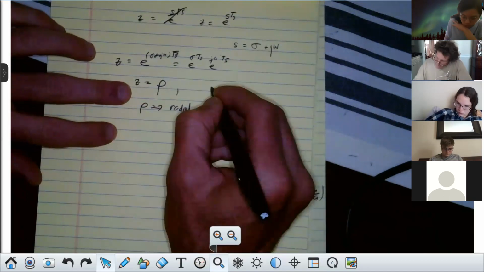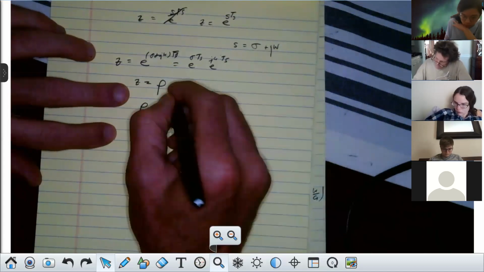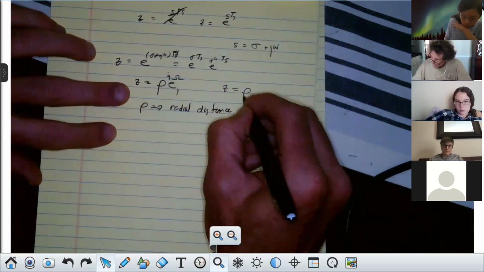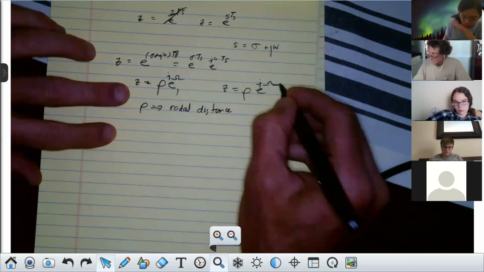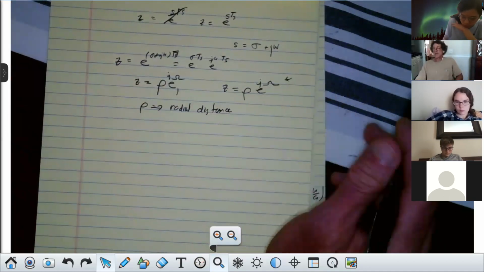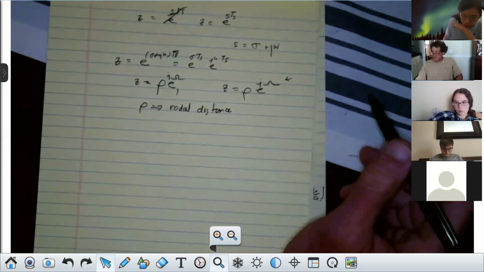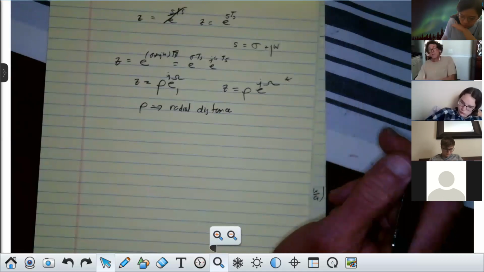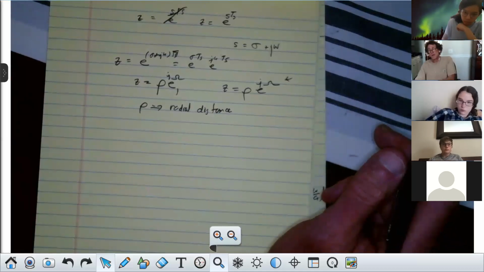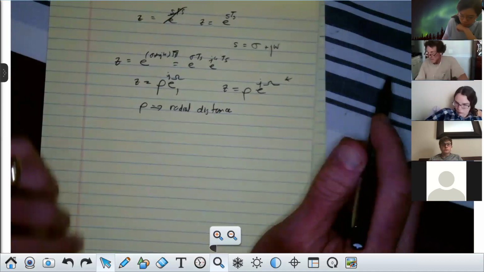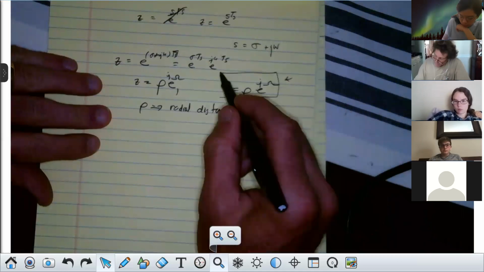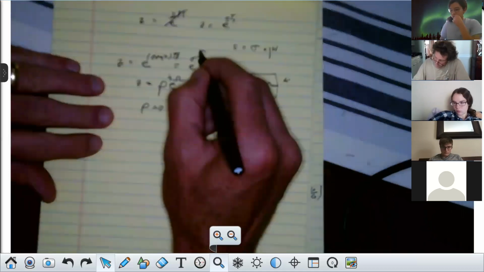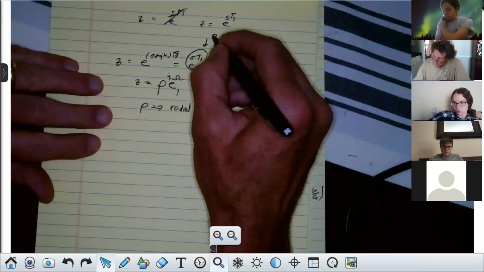Let me rewrite that. Z is equal to rho times e to the j capital omega. Now that omega here is the same omega as the DTFT. It's periodic in 2 pi. From minus pi to pi, looks exactly the same as from pi to 3 pi. It repeats. But this is what the z variable looks like. And rho is a radial distance. Rho is actually equal to this. That is rho.